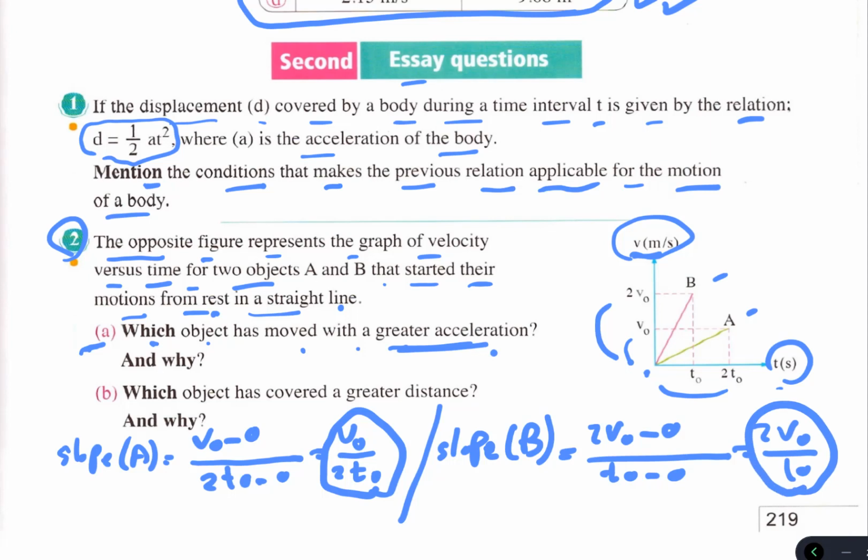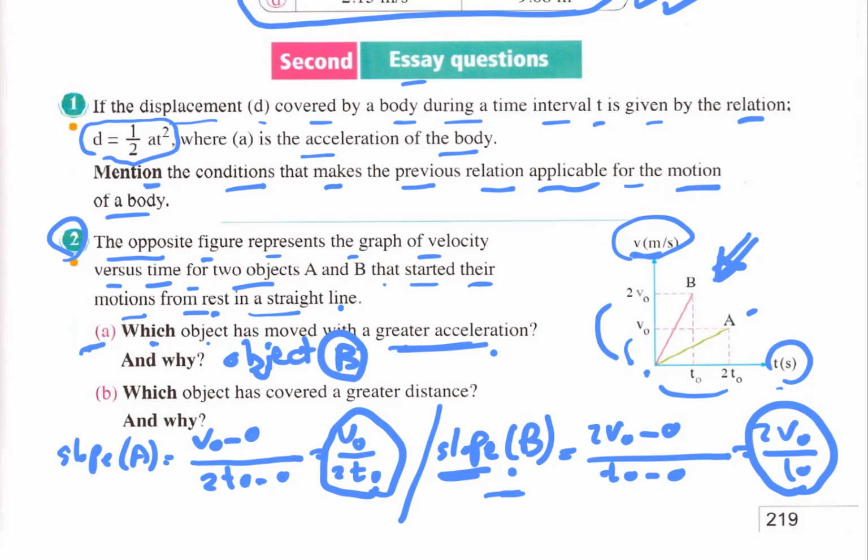As you see, slope B is larger than slope A. So which object has moved with greater acceleration? Object B, because as you see, it is sharper, right?